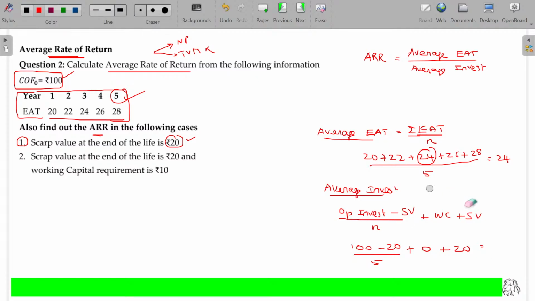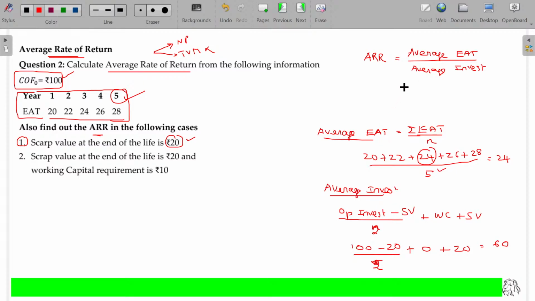Divided by 2, average. Not 5 here, okay, here it is 2. Then what is the value? 40 plus 20, 60 is the answer. Here 5 is okay, but here only 2. It's not the life.